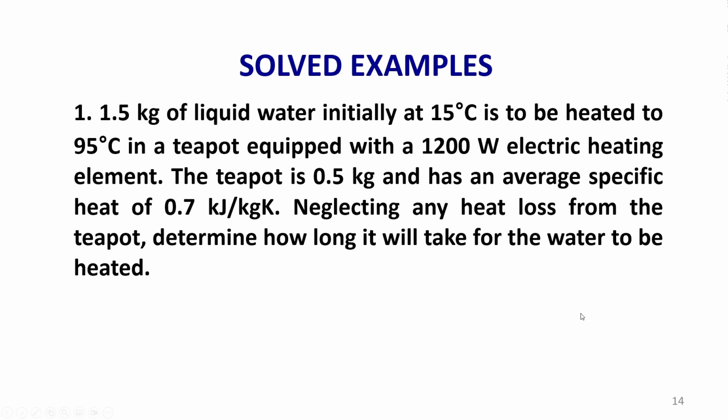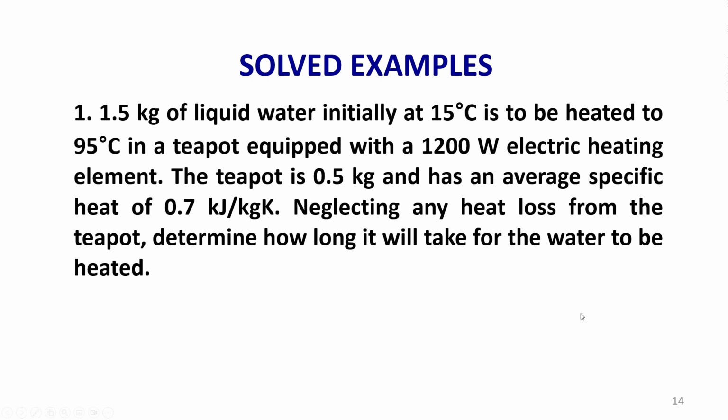The mass of the teapot is 0.5 kg, and it has an average specific heat of 0.7 kilojoule per kg. Neglecting any heat loss from the teapot, determine how long it will take for the water to be heated from 15 degrees centigrade to 95 degrees centigrade.